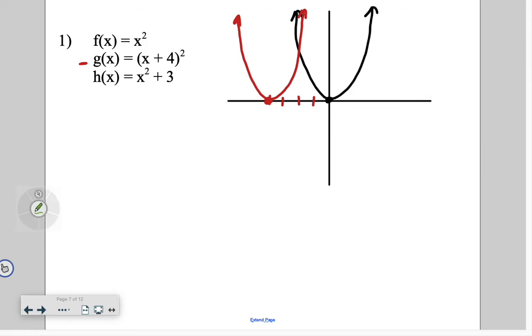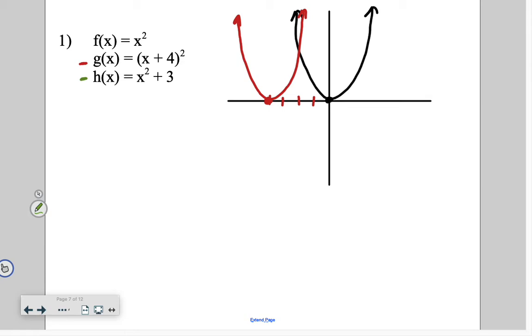So now let's go to h of x. And again, notice it's x squared, but now we've got a plus 3. What does the plus 3 do to the graph? It's going to go up 3. Why do we know that it's vertical? Because it's not attached to the x. It's not grouped with the x. It's after x is getting squared.